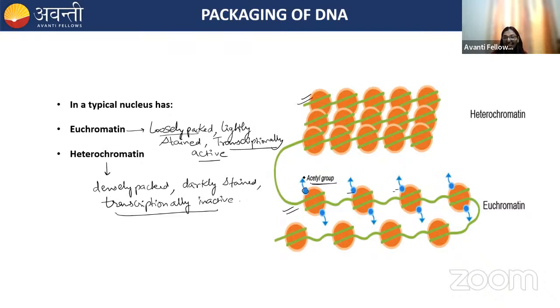That means the DNA gets loosened up, or the chromatin gets loosely packed. This loose packaging allows the transcription machinery to easily access the DNA and leads to transcription. So always remember that euchromatin is transcriptionally active and heterochromatin is transcriptionally inactive.